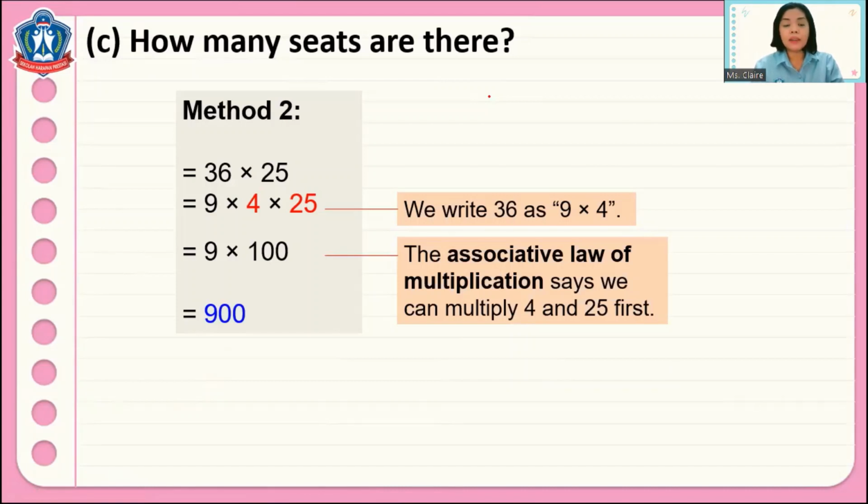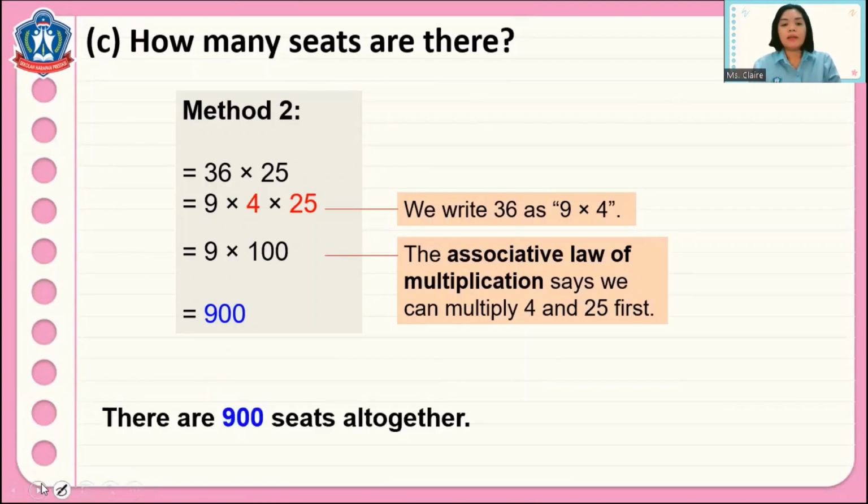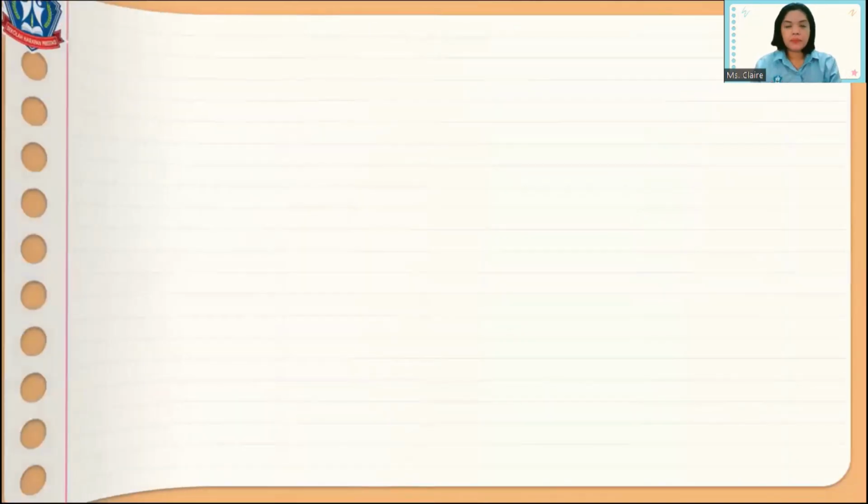Associative law means that instead of multiplying first the 9 times 4, we can multiply first the 4 times 25. The answer will not change, it's still the same. After that, multiply it by 9 and it will give us 900. So the total number of seats is 900, or there are 900 seats altogether.